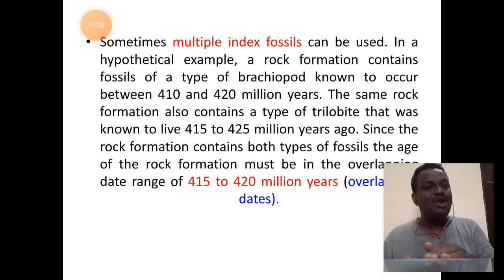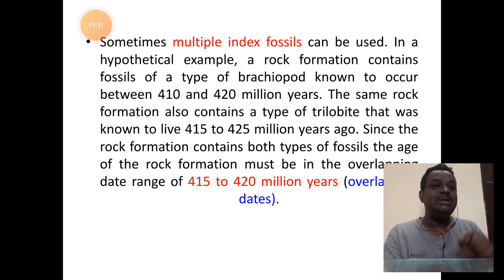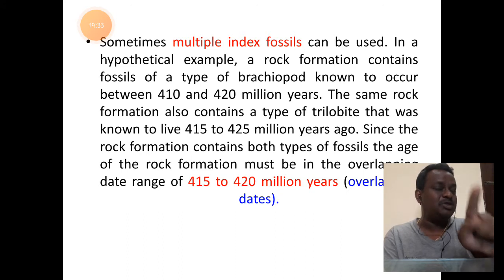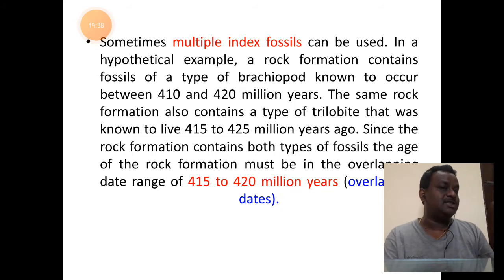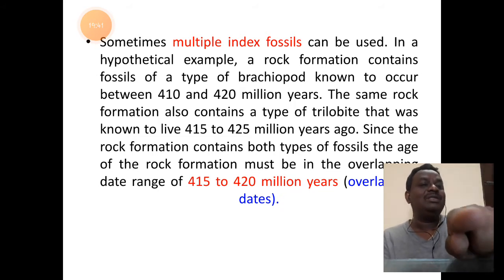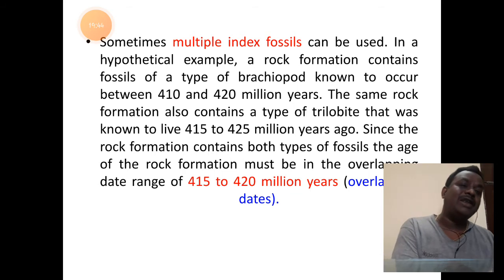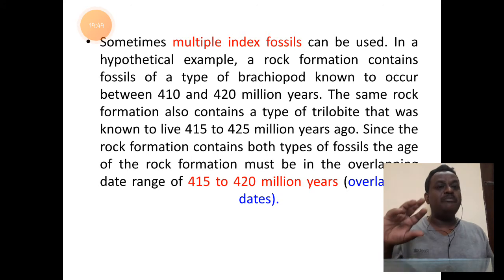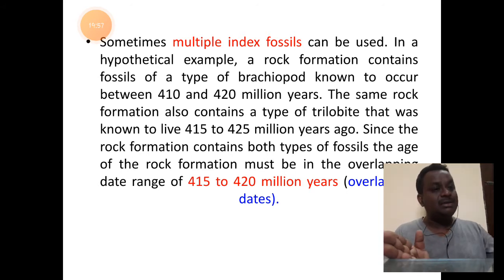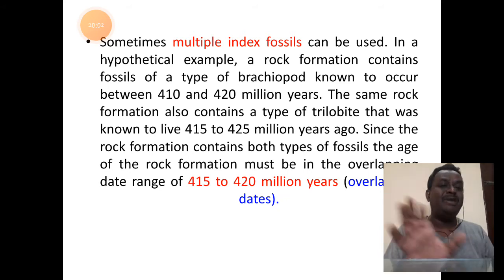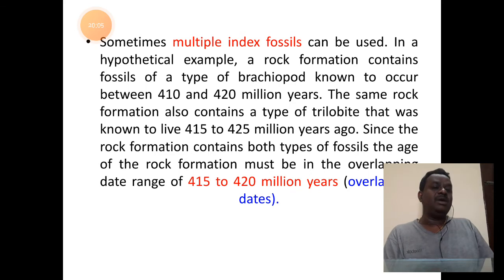Now, the same rock formation also contains, not a brachiopod, but a trilobite, a different animal, but of the same rock layers, which is seen to be of the age 415 to 425 million years. So we have a brachiopod in a fossil layer whose age is 410 to 420 million years, and another organism called a trilobite, whose age is 415 to 425 million years.